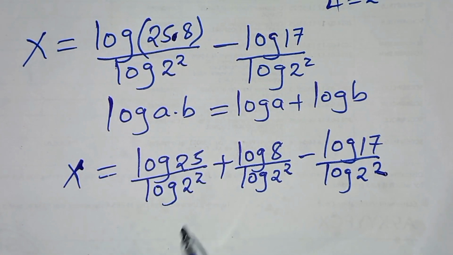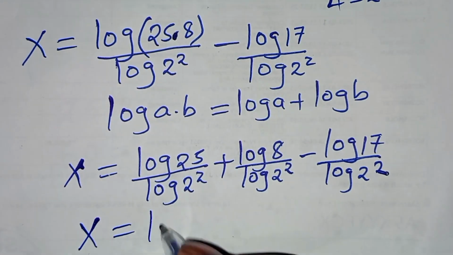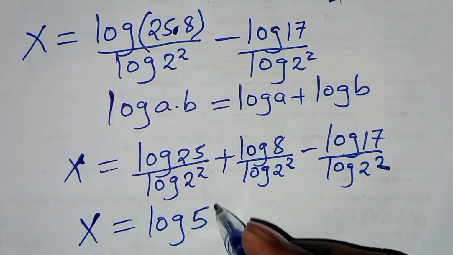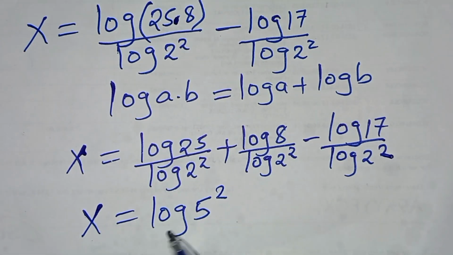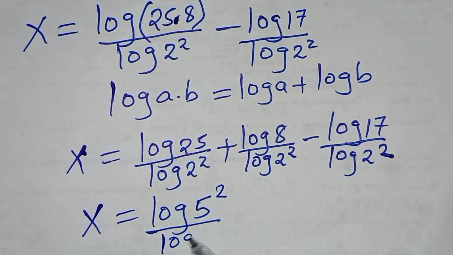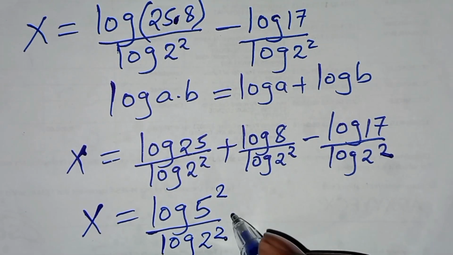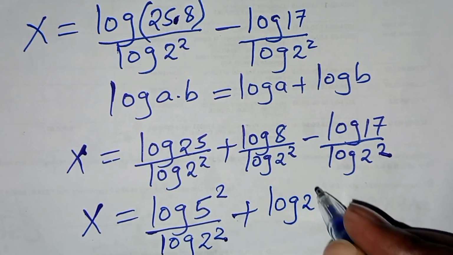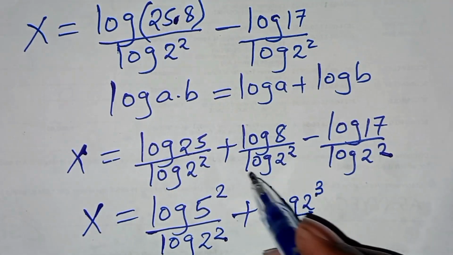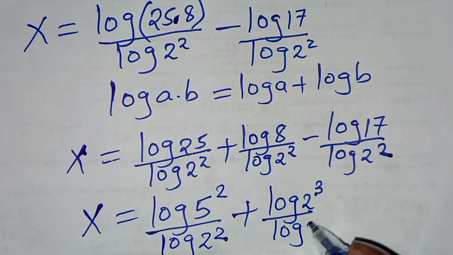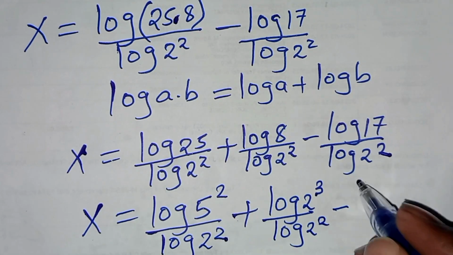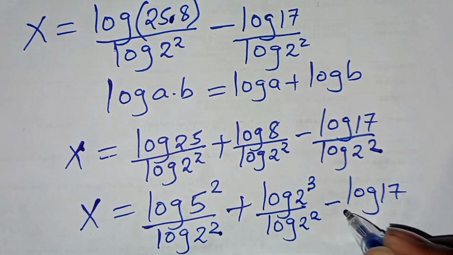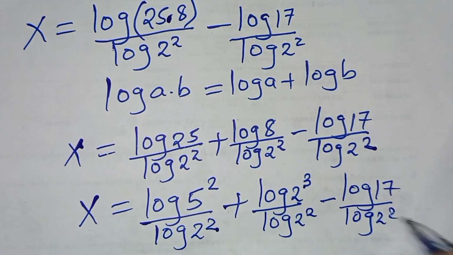Now log 25 can be expressed as log 5 to the power 2 divided by log 2 to the power 2, plus log 8, where 8 can be expressed as 2 to the power 3, divided by log 2 to the power 2, then subtract log 17 divided by log 2 to the power 2.